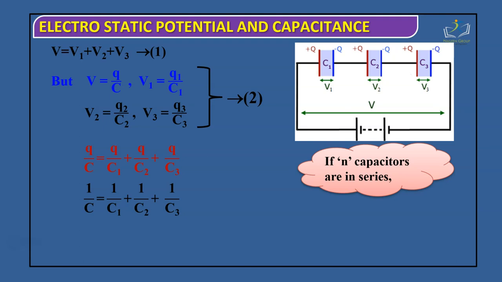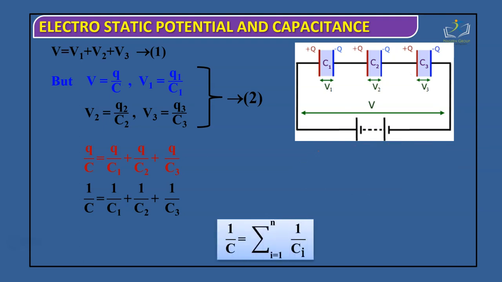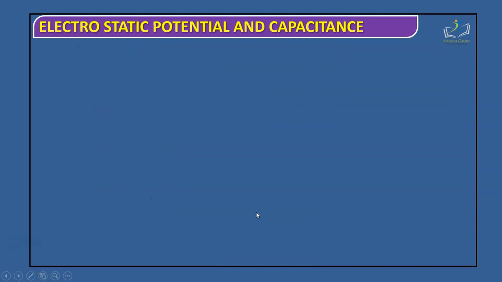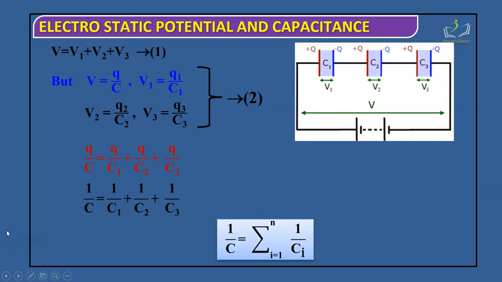If n capacitors are connected in series, we have the formula 1 by C is equal to sigma, again this sigma is introduced for discrete summation, not continuous.